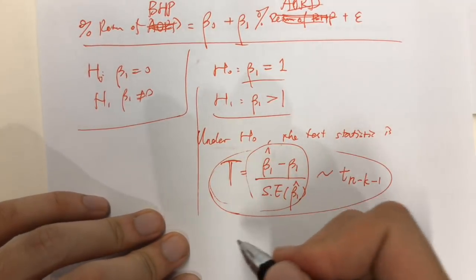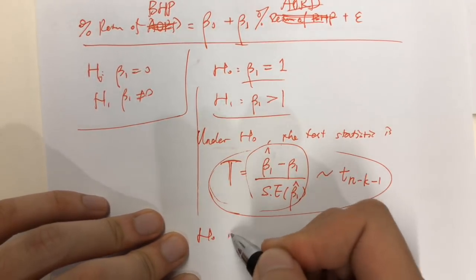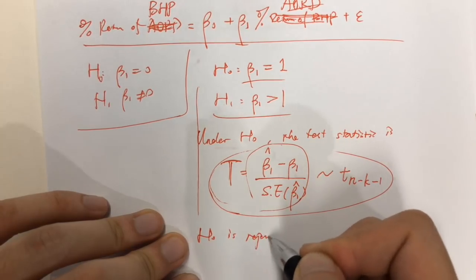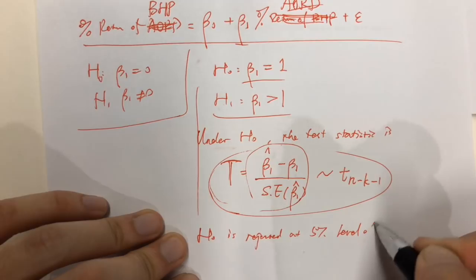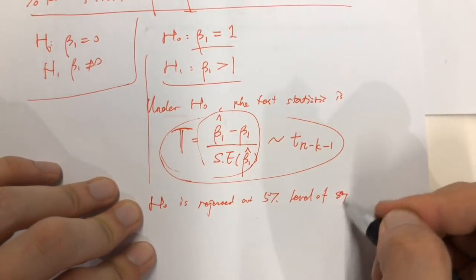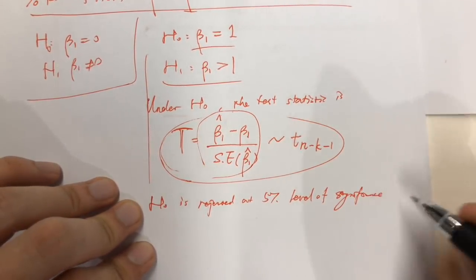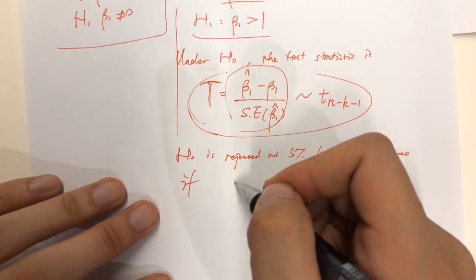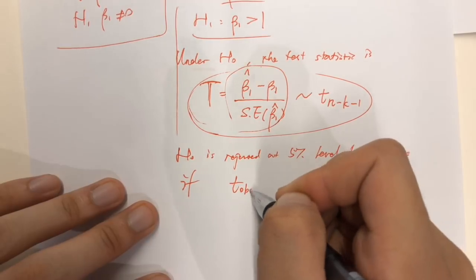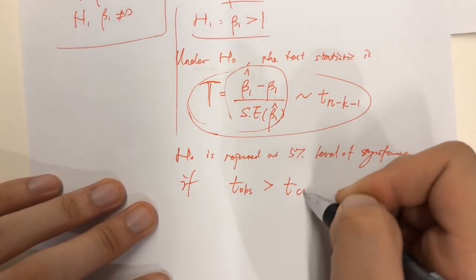So the decision rule is that H0 is rejected at the 5% level of significance if what happens? If the observed value of the T is greater than t critical, right?